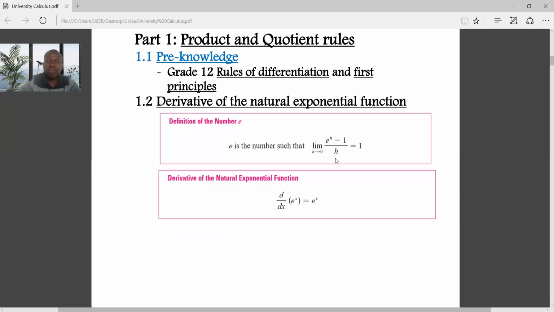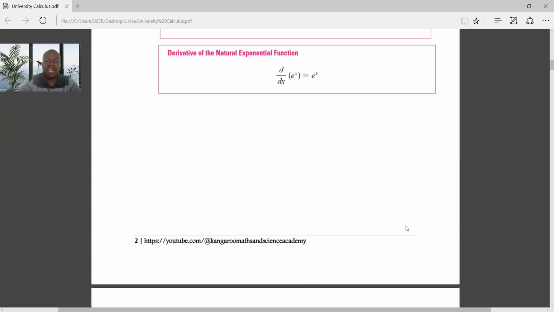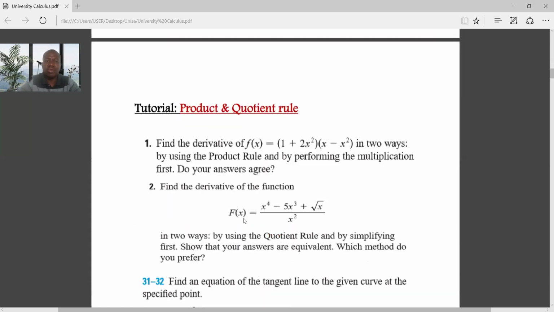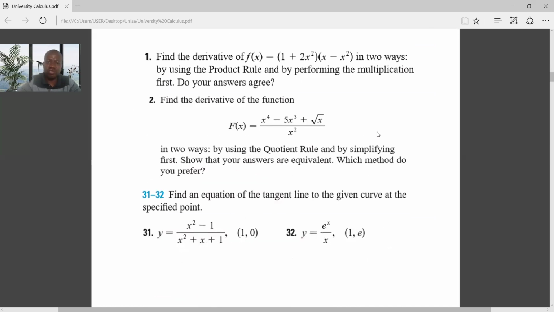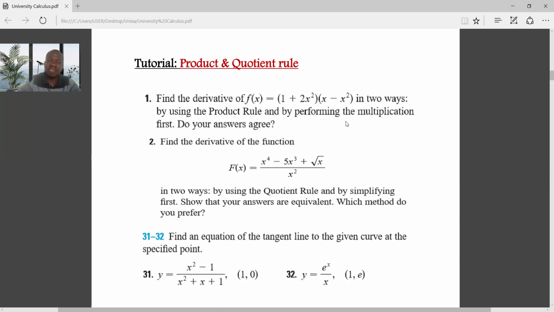And again, we also went through the pre-knowledge, which is called the rules of differentiation, what you have learned in grade 12, together with the first principles, because we use them to prove some of the things here. And ladies and gentlemen, we went through the application using product rule and quotient rule. We solved problems relating to product rule and quotient rule.